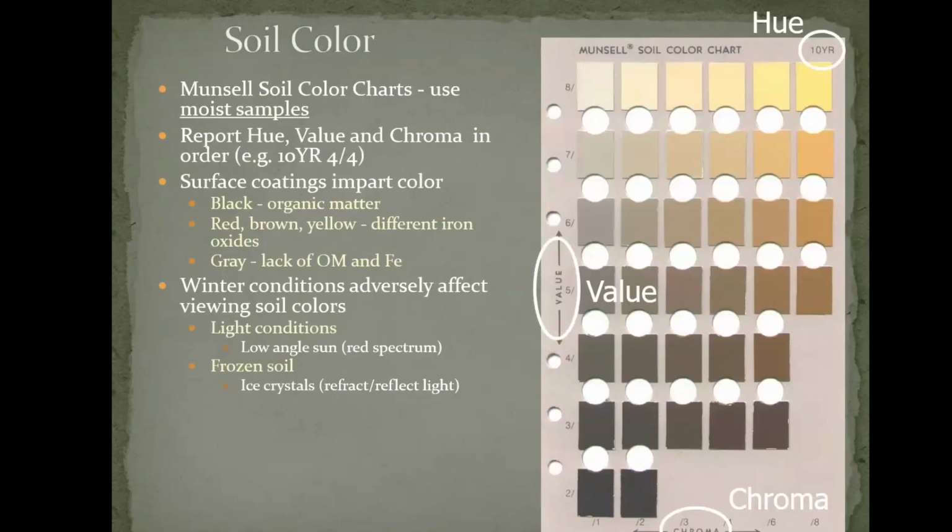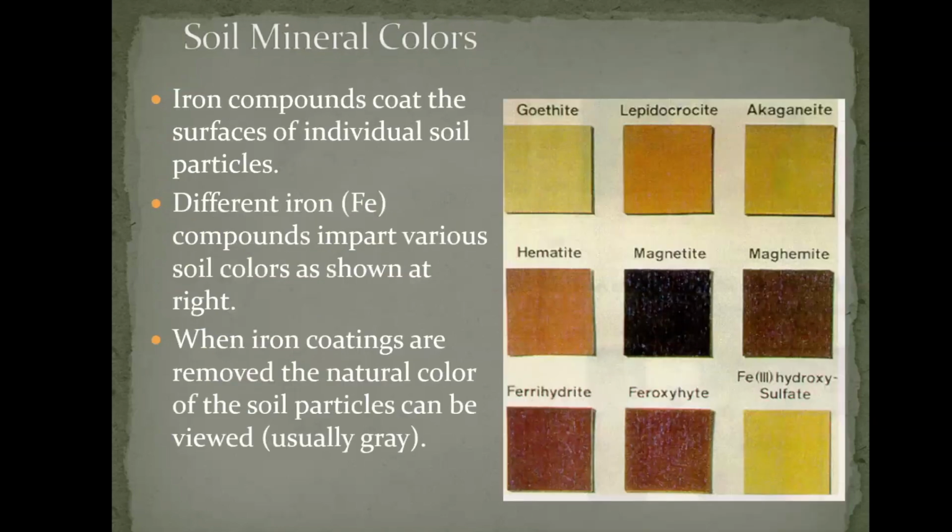So on our color chart, we talked about these last week. Hue, value, chromas, and what the colors come from, and the mineral colors. The thing I want to impart upon you now is that different iron compounds mean different things. Now we don't have it in the code that a certain color means a certain thing, but in general, and again, this is very general, the darker colors, like the ones in the middle, like magnetite, ferrite, hematite, tend to be darker colors.